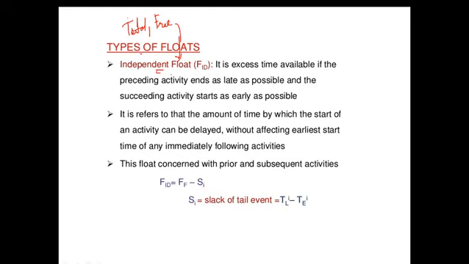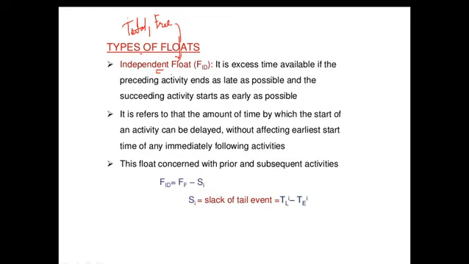Independent float is the excess time available if the preceding activity ends as late as possible and the succeeding activity starts as early as possible. What does this independent float tell us? It gives us an idea about the excess time that exists if the preceding activity ends as late as possible and the succeeding activity starts as early as possible.